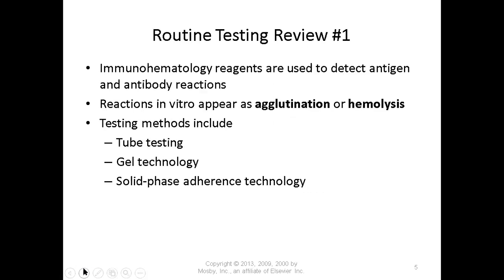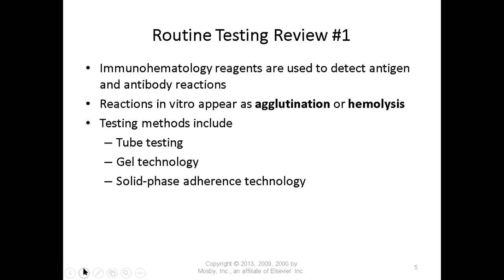So before we get into different blood banking reagents today, I'd just like to take a few minutes to do a little bit of a review of routine testing that we talked about in our last unit. We need to remember that with immunohematology reagents, the reagents that we use are used basically to detect antigen and antibody reactions when an antibody finds its target antigen.